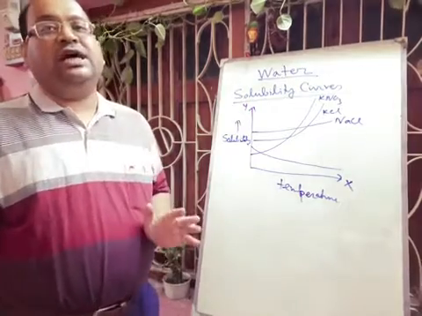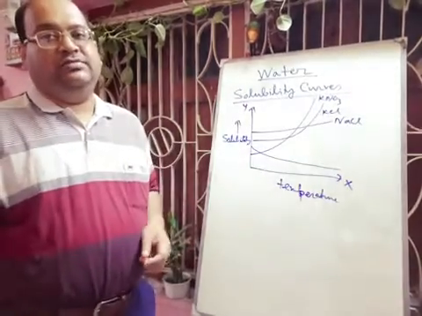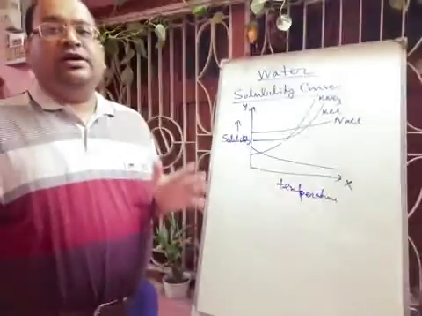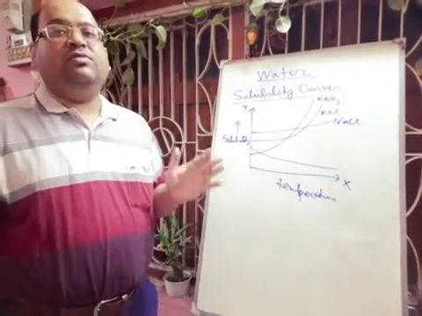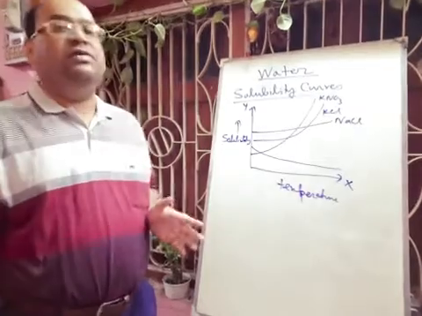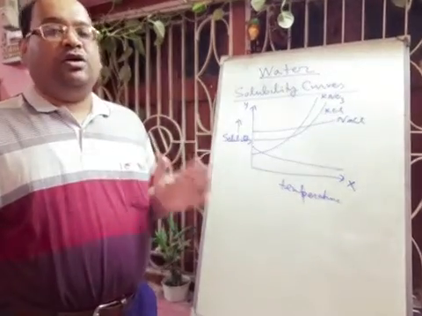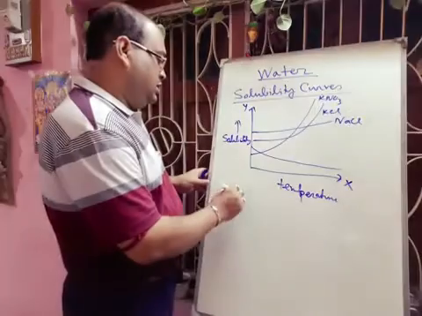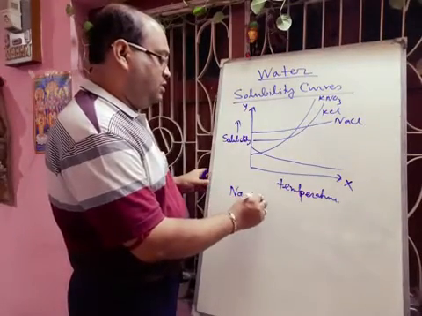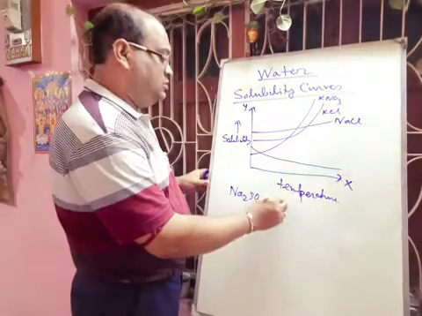And next we will discuss the anomalous solubility. Solubility curves are continuous except in case of Glauber salt. Glauber salt formula is Na2SO4·10H2O.